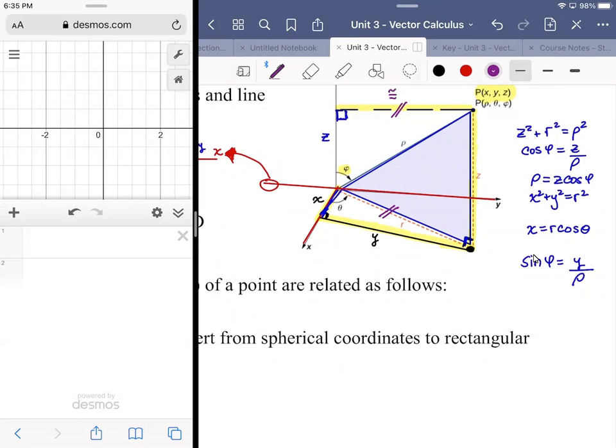So this is congruent to R, which in turn is the square root of x squared plus y squared.